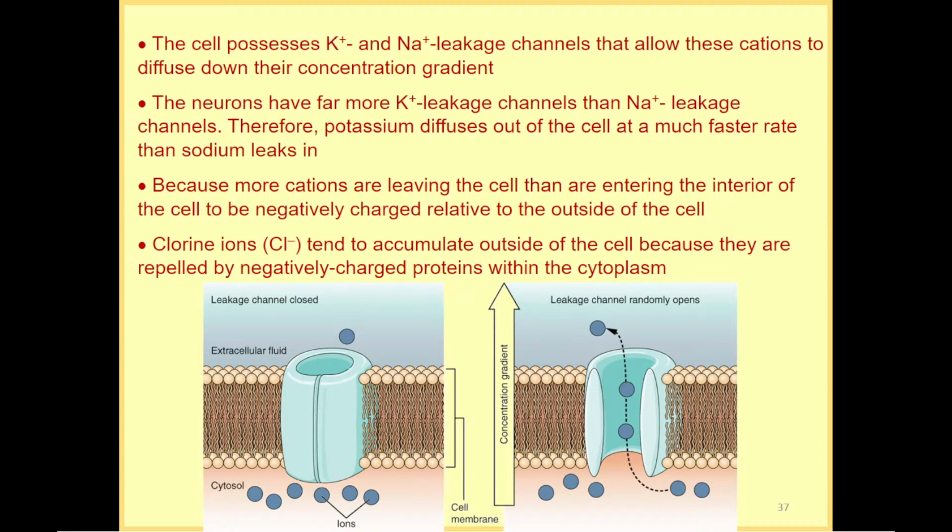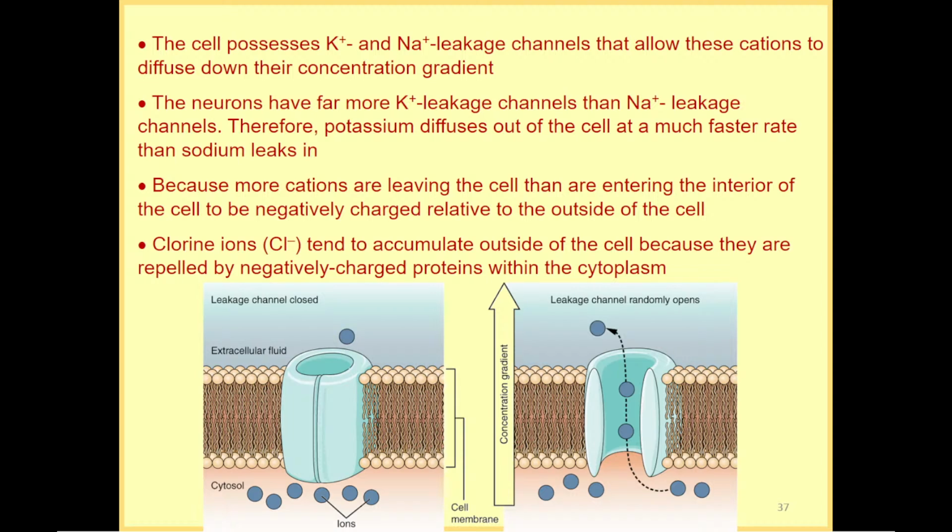Therefore, potassium diffuses out of the cell at a much faster rate than sodium leaks in. Because more cations are leaving the cell than are entering, the interior of the cell becomes negatively charged relative to the outside of the cell.